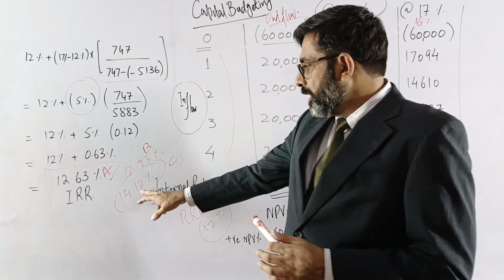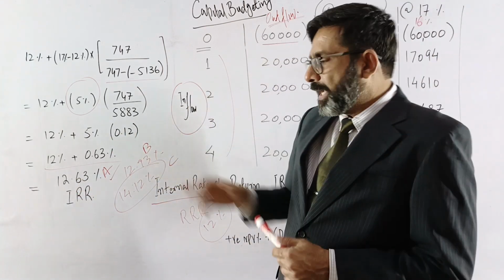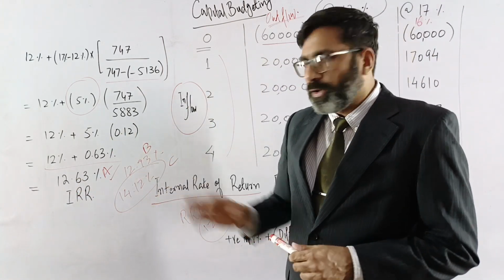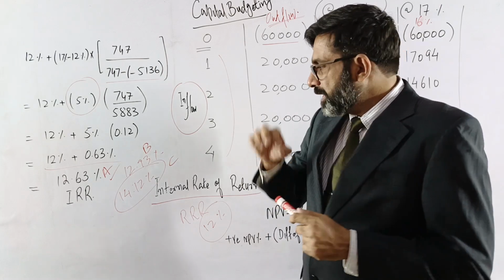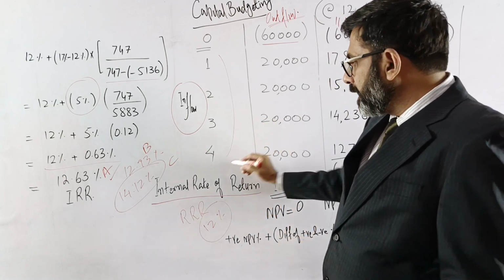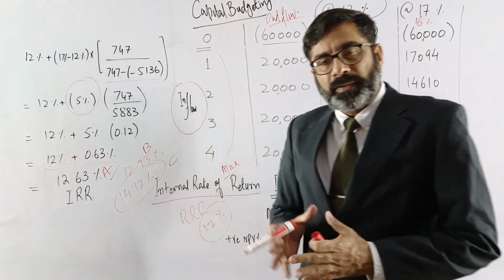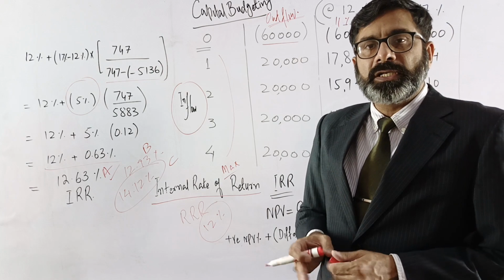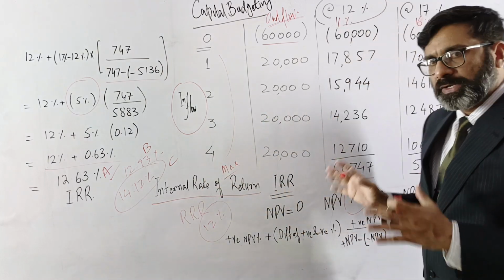The return here is 12.63%, another project is giving 12.93, and one other is giving 14.12. We select the one giving the maximum internal rate of return, 14.1% in project C, so it should be accepted. This is how we calculate the internal rate of return.